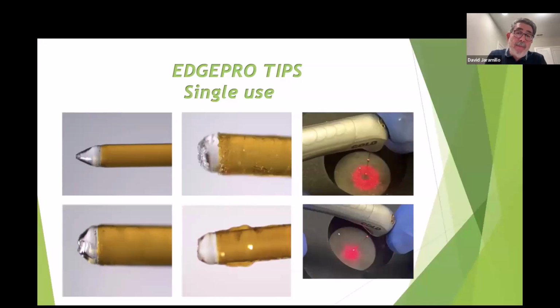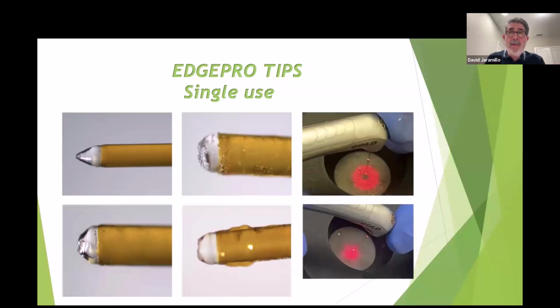But the problem probably, and this is something they need to look into, is the tip. Probably their tip is not allowing the laser to be properly absorbed by the solution. Okay. It's not the technology. Probably it could be the tip.